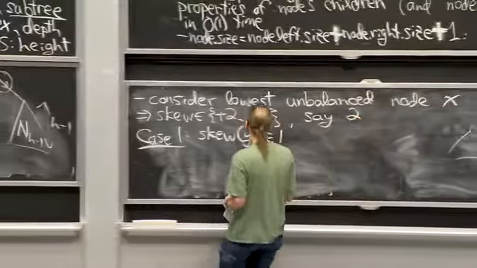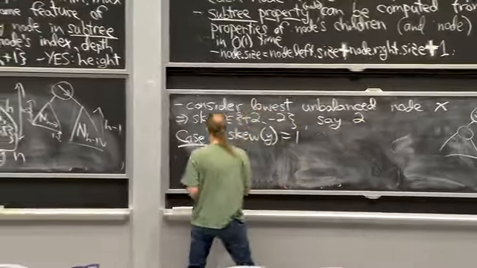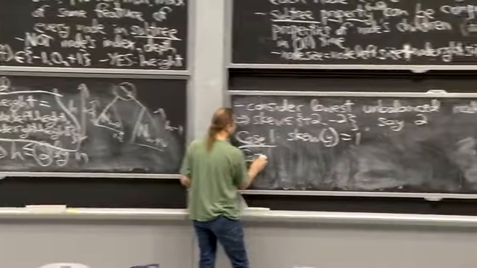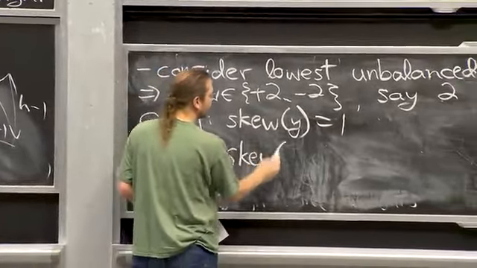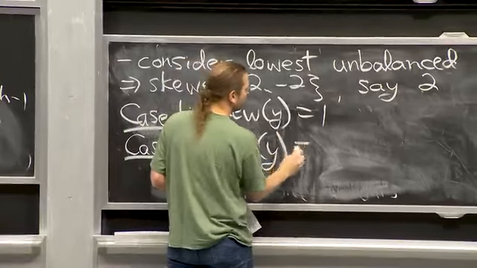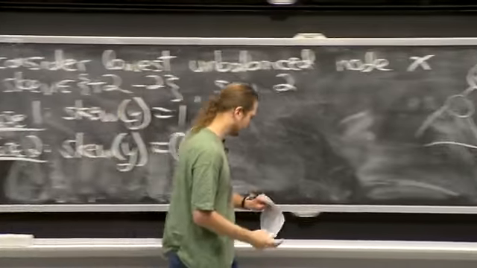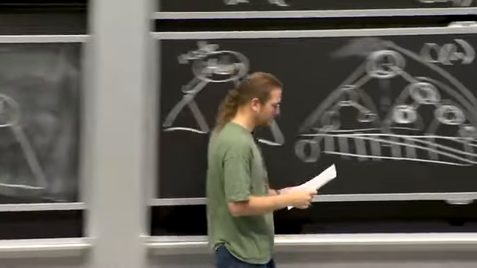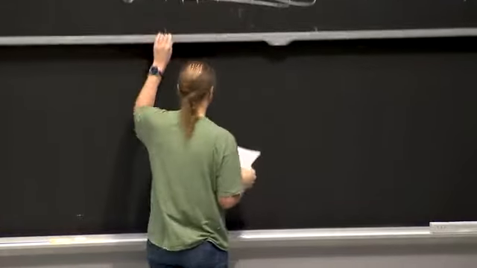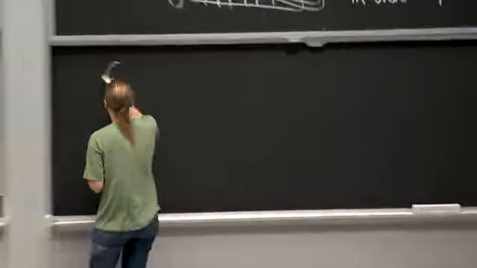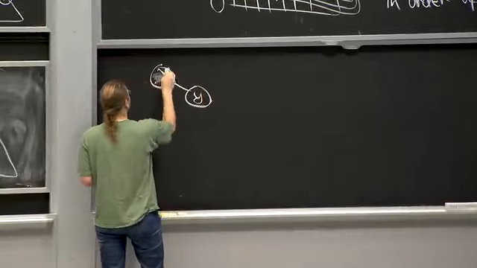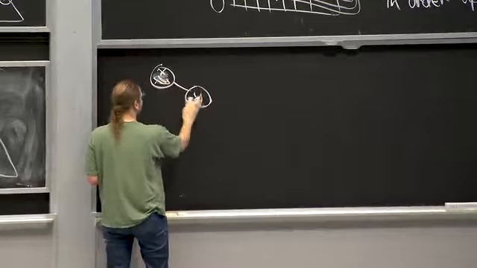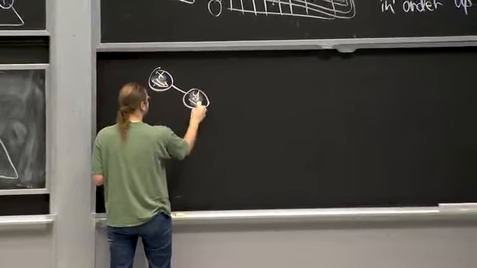The easy cases are when skew of y is either 1 or 0, which I will draw. So double right arrow, let's say single right arrow.